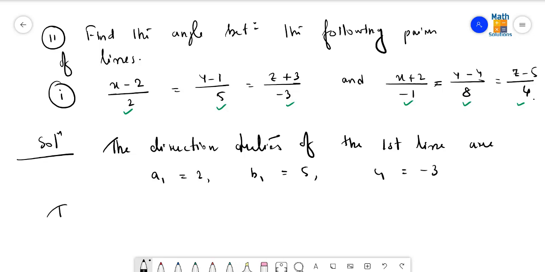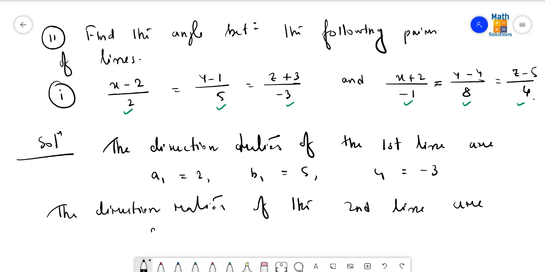Then the direction ratios of the second line are a2 is equal to minus 1, b2 is equal to 8, then c2 is equal to 4.